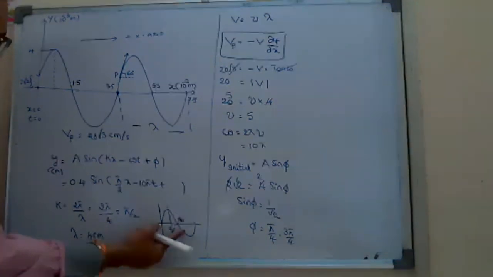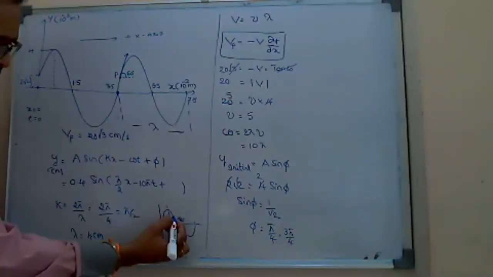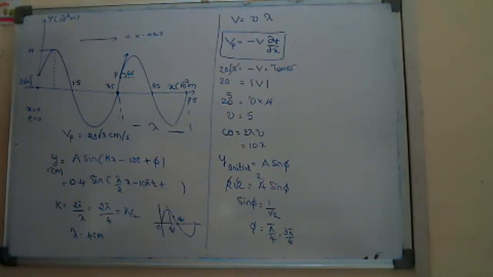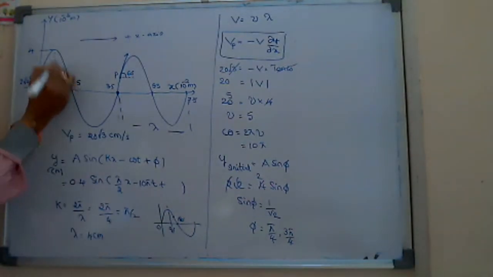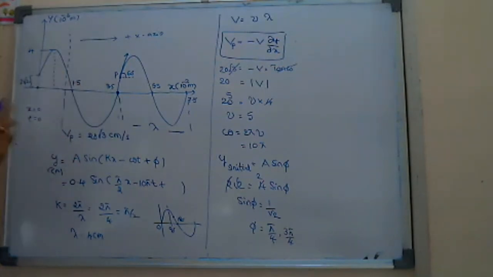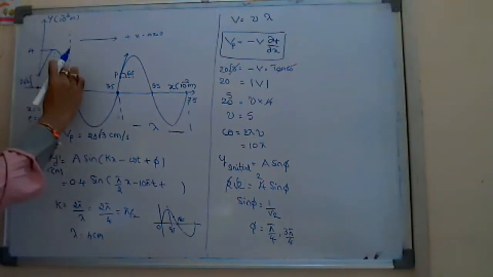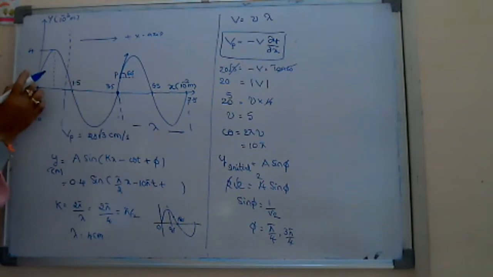More than 90, less than 180 means actually it should start from here. Means if the wave starts from here by taking the origin like this, with y-axis here, then we can say initial displacement is 2 root 2.